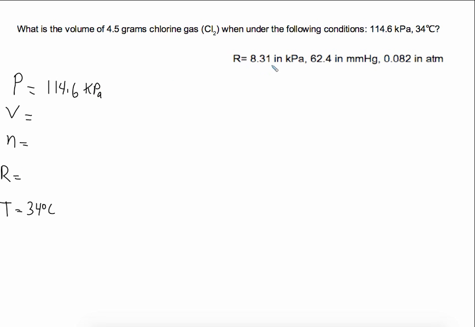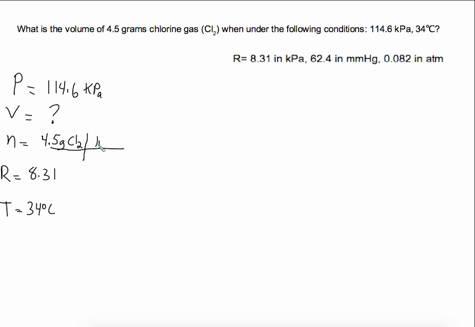Now we know what our R will be, because we've got to match the pressure unit to the R unit. So R is going to be 8.31. Now it says what is the volume? That's what we don't know. It doesn't give us the moles, however, it gives us the grams: 4.5 grams chlorine gas, Cl2.